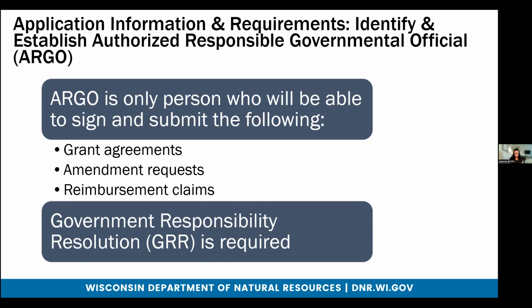An executed governmental resolution, or a GRR, is required to establish the authorized responsible government official. So we recommend using a job title in the GRR instead of a name, so they don't need to execute a new GRR if there's any staff turnover.